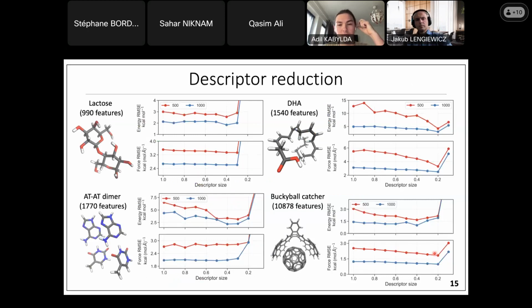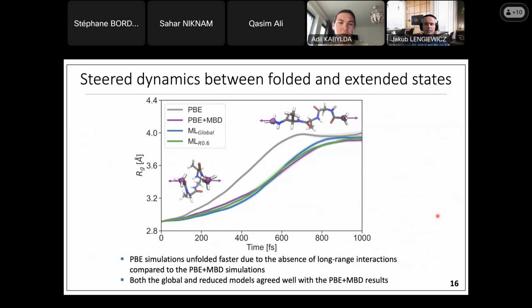So it's known in the community, I mean, it became more and more apparent that energy and force errors, if you look only at them, can mislead you, because the actual molecular dynamics of the system might be different. And that's why we did a different test here.